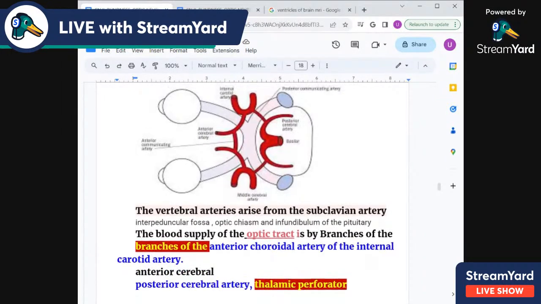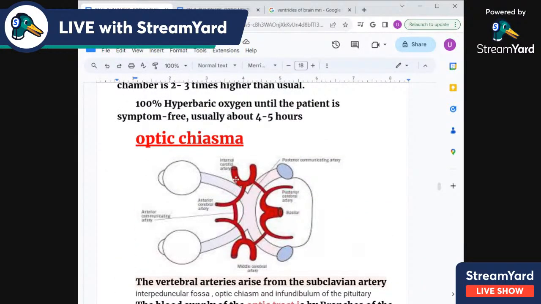And now this is the optic chiasma. Here the blood supply is by the circle of Willis. This is the optic chiasma here, and above this is the circle of Willis formed by these blood vessels: internal carotid giving middle cerebral, then anterior communicating, then posterior communicating.